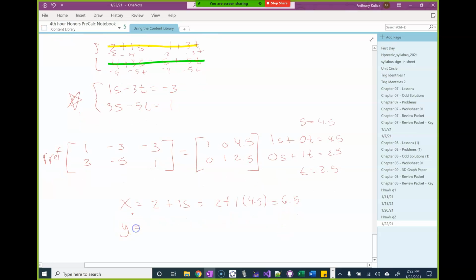And then I can do the same thing with the Y. Again, doesn't matter which one I choose. I'm going to use the S one also. So that's 4 plus 3 times 4.5.